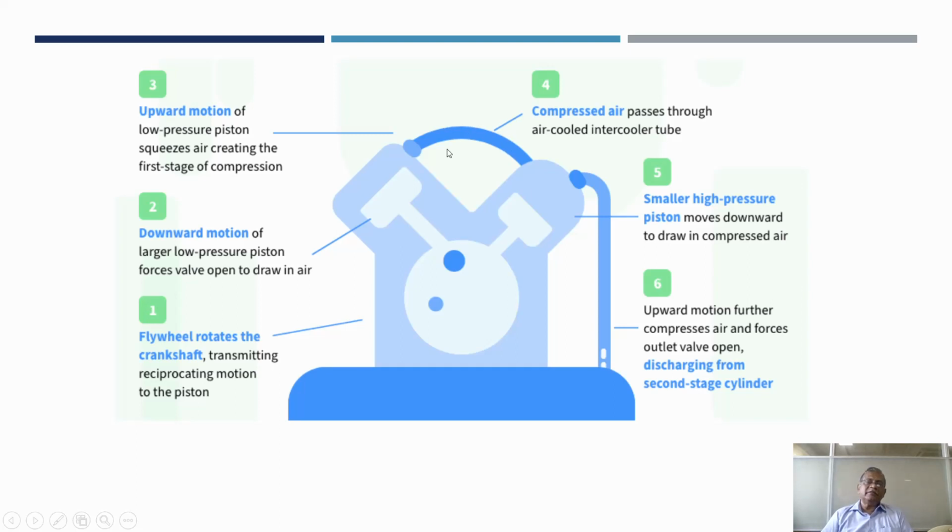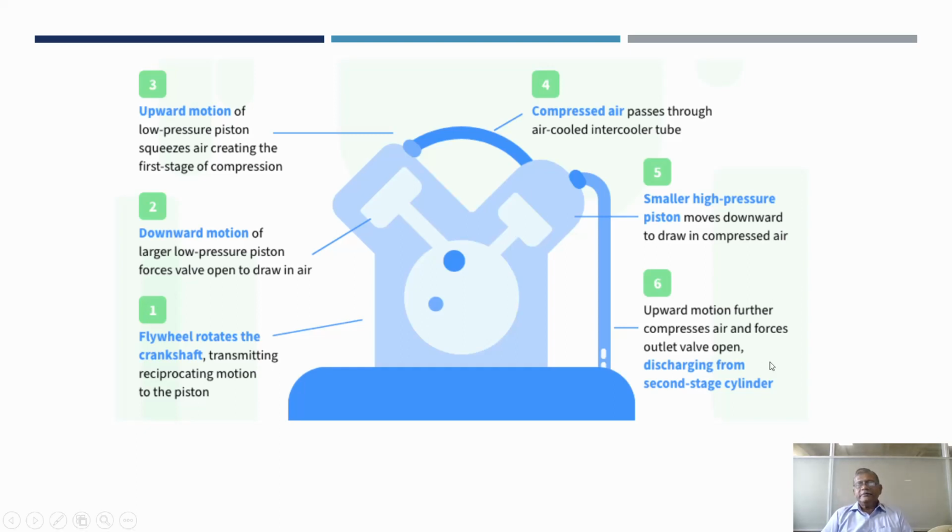To minimize the work, we have an intercooler to reduce the temperature of the air. The smaller high-pressure piston moves downward to draw in the compressed air. When it reaches here, this air is drawn inside the cylinder with the help of another, relatively smaller size piston, by moving downwards.